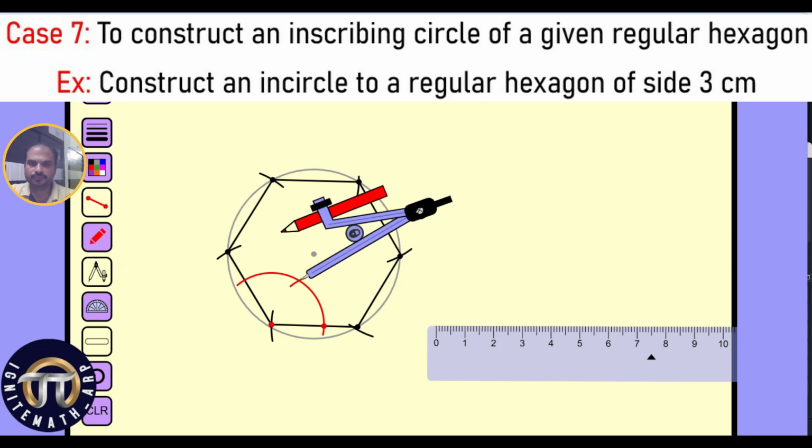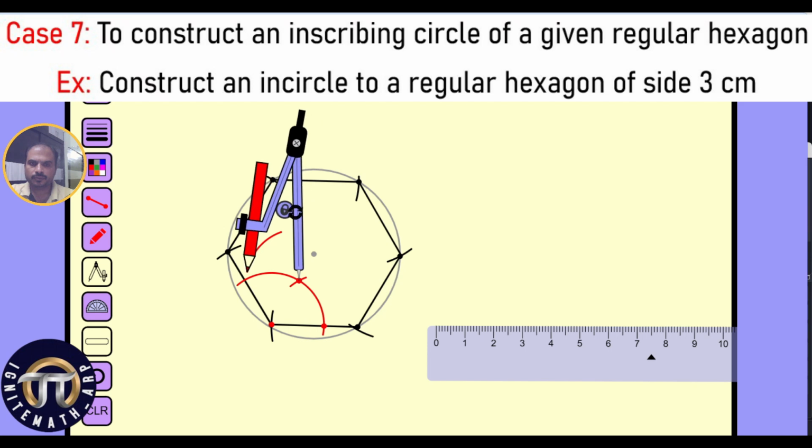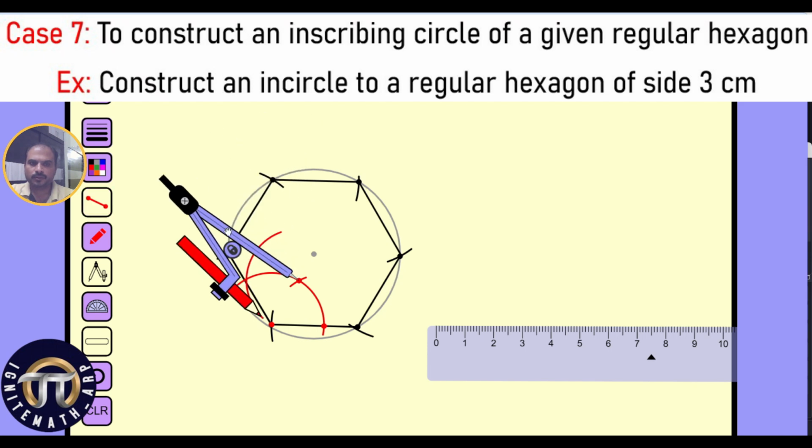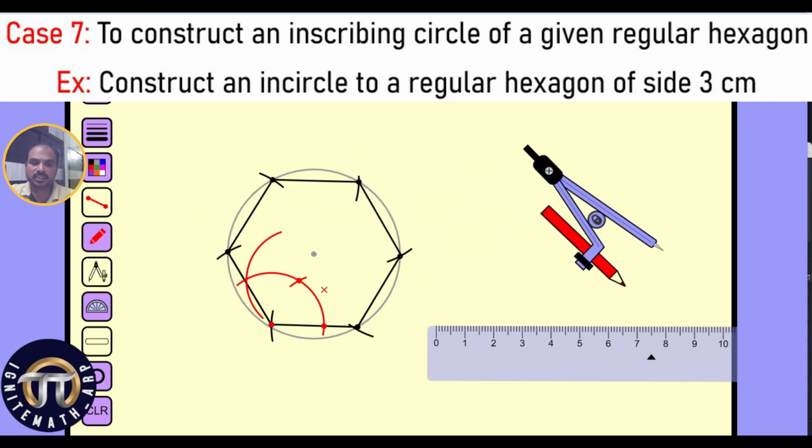Once you have constructed this hexagon, this circle should be erased, children. Whatever this line is there, this should be erased, because you are going to construct the incircle to the regular hexagon, keep in mind. So this circumcircle should be erased.